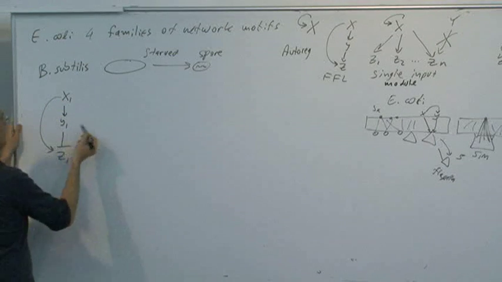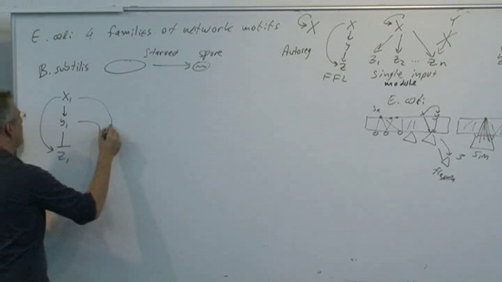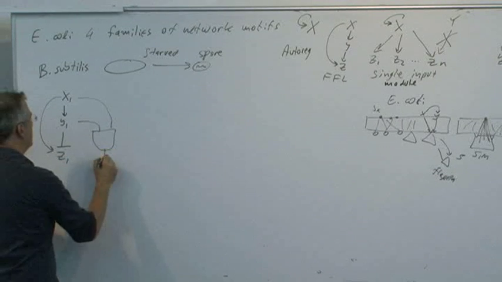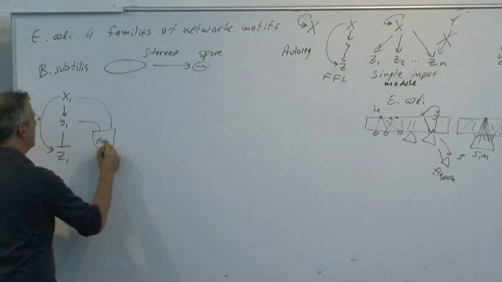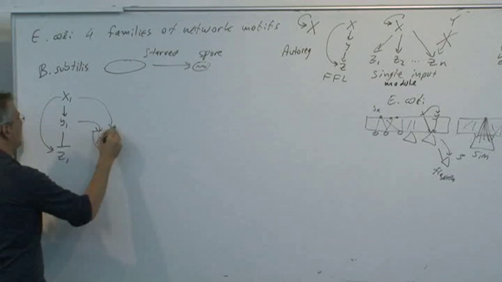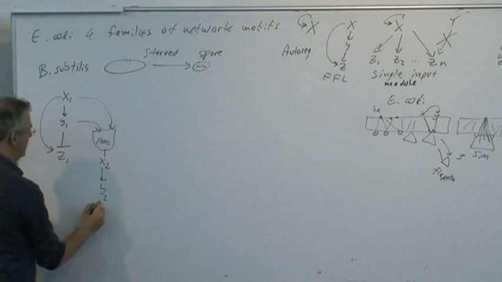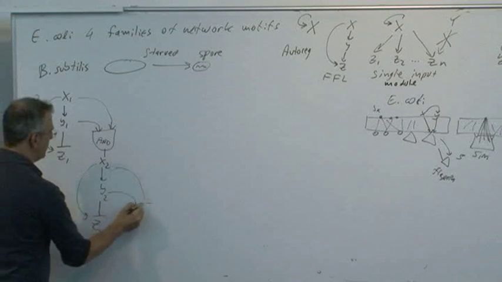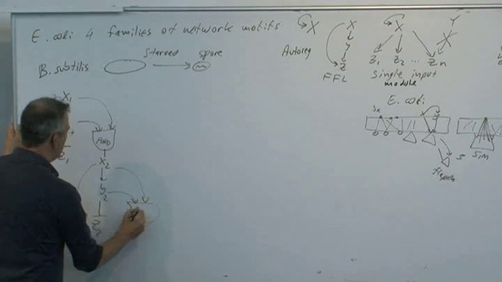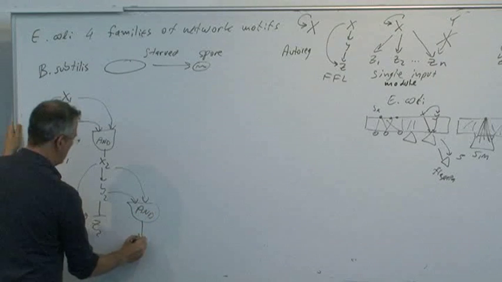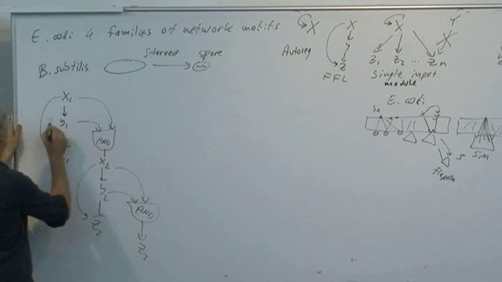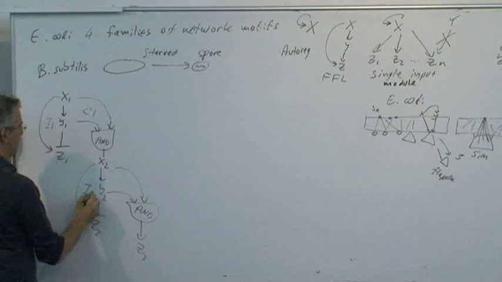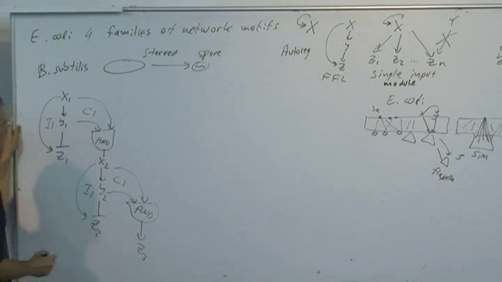So it has an incoherent type 1 feed-forward loop hooked up to a coherent type 1 feed-forward loop hooked up to a second incoherent feed-forward loop hooked up to a final coherent feed-forward loop. So this is an I1, this is a C1, this is an I1, and this is a C1.